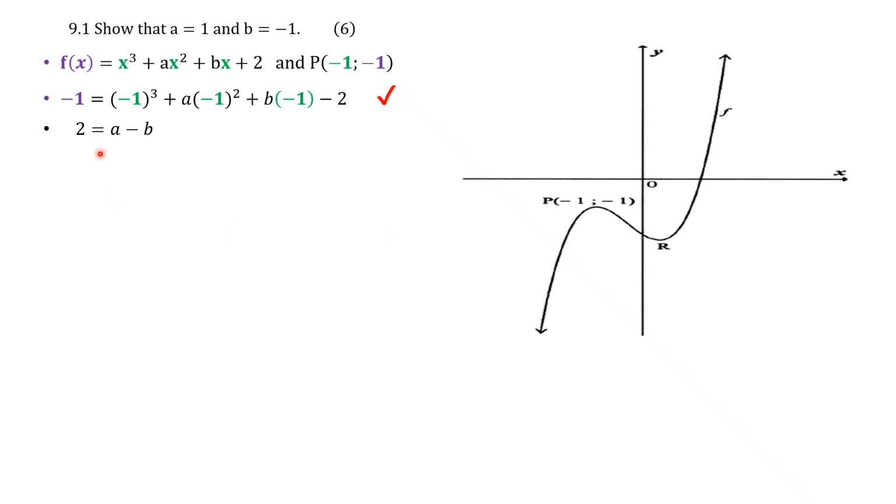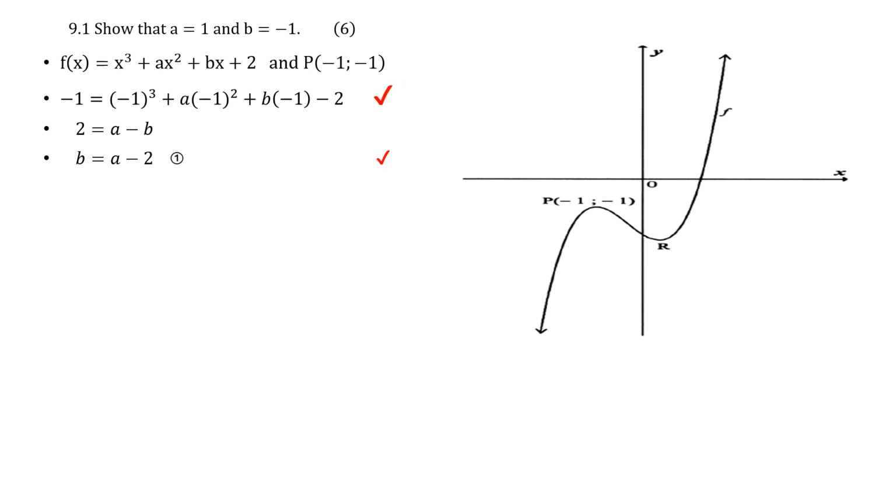Right, so I have 2 equal a minus b. If I make b the subject of the formula, b equal a minus 2. That's my equation 1.